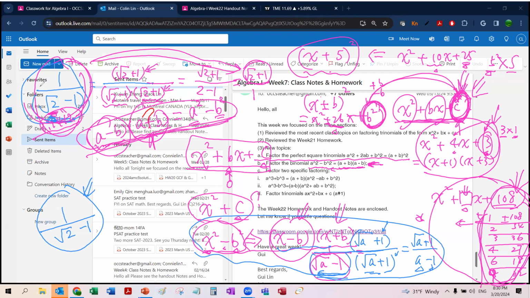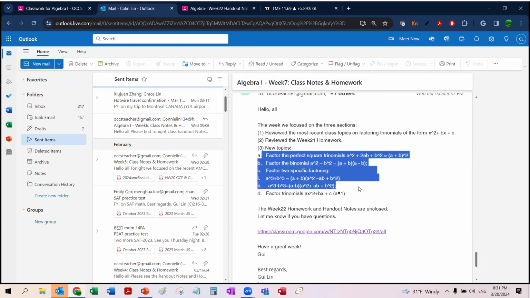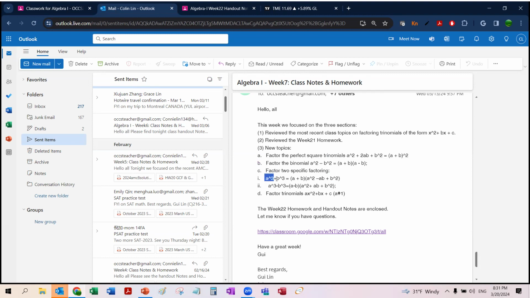All right, let me clean the screen one more time. It's a little bit busy. Let me make this a little bigger. Okay, so you can see this part right now. We continue to factor this one and this one, and most important, what we learned last week is how to factor ax squared plus bx plus c. That's a little bit different from the earlier learning of x squared plus bx plus c.